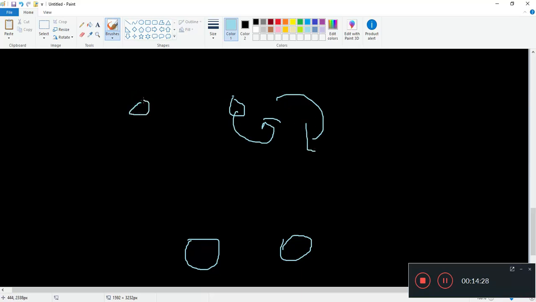But we don't have water molecules moving independently of each other. So these x's are the small water molecules. We don't really have the small water molecules sliding past each other all the time.